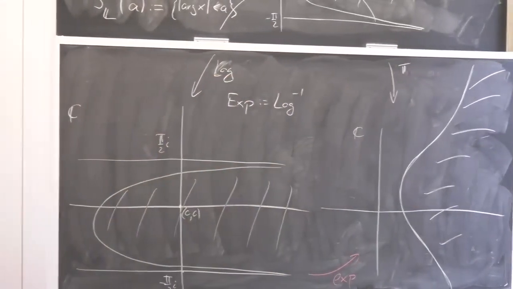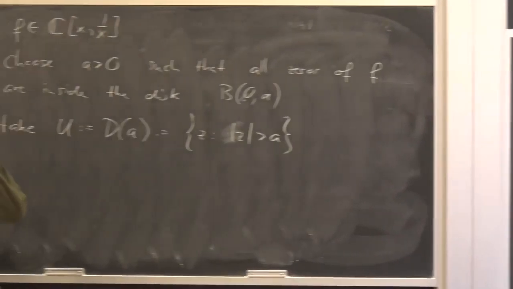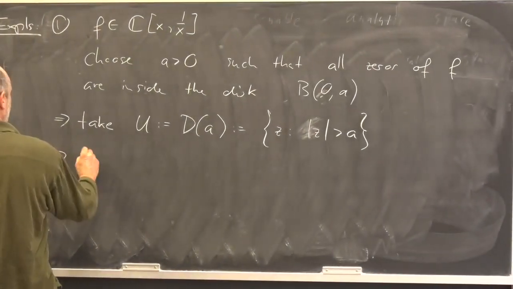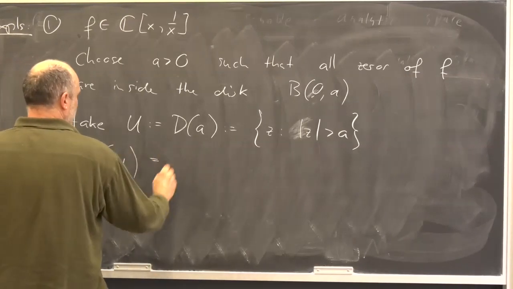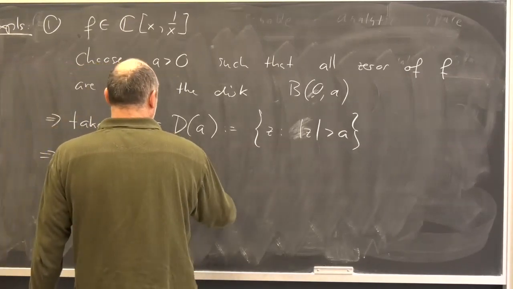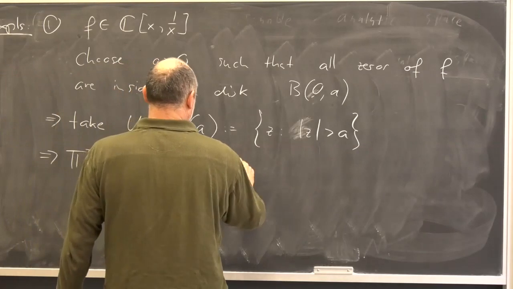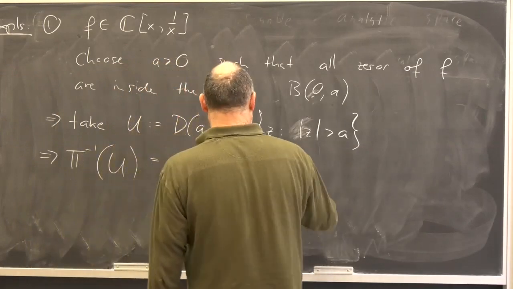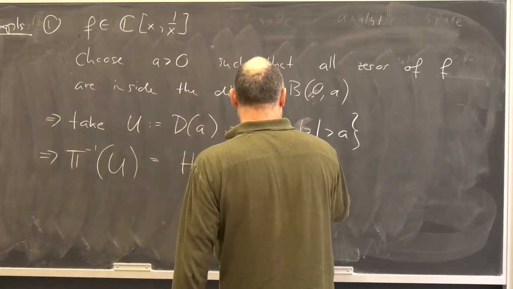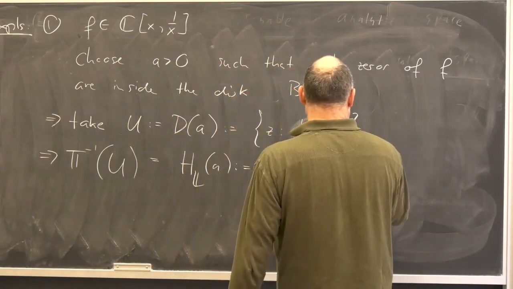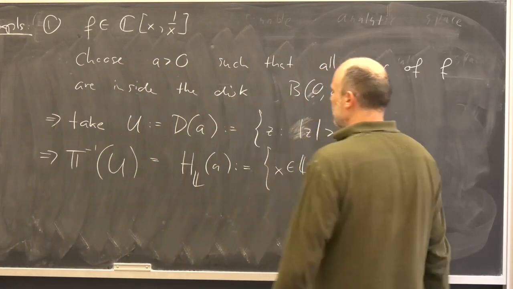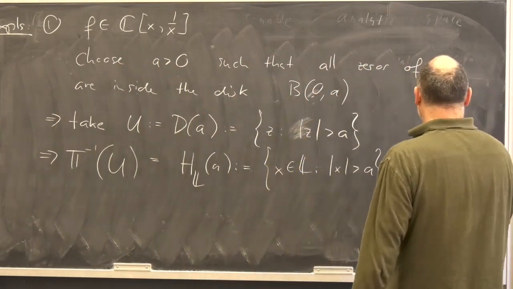And so I can apply it to that. Pi inverse of U is equal to the half plane in L, defined to be the set of all x in L whose modulus is greater than A. Right, this is simply connected.